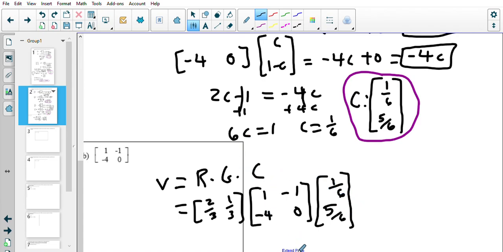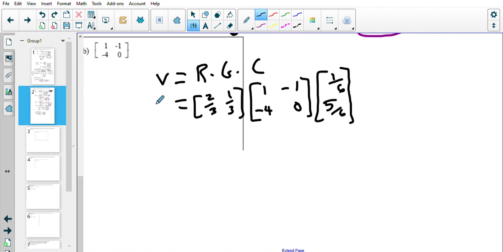And we can just use our calculator to do this for us and find what the value is. So I'm going to go to my calculator and edit my matrices. I'm going to put my row into matrix A, 2/3, 1/3. I'm going to put my game into matrix B, 1, negative 1, negative 4, 0.